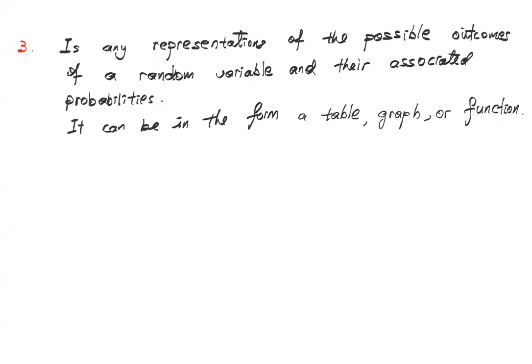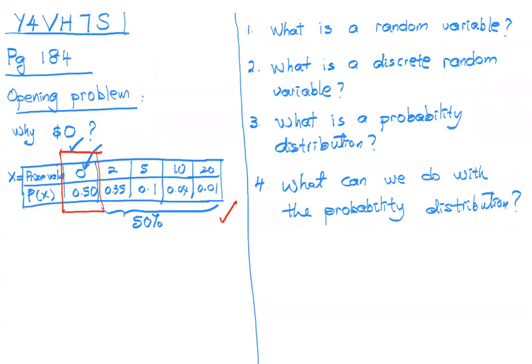So the random variable is the independent variable and the probability is the dependent variable. So probability we always put on the vertical axis or on the second line of the table. You must have this first, then only you have this. Are you clear? Okay.